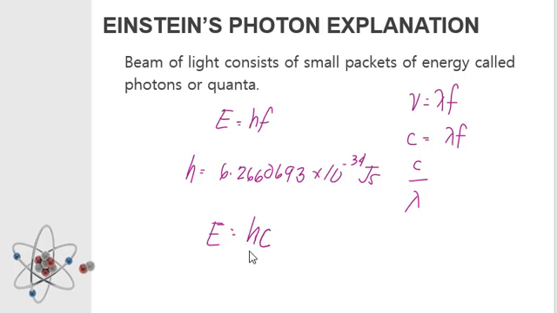So we have hc over lambda. This is the energy of a photon. Okay, so that is Einstein's photon explanation.